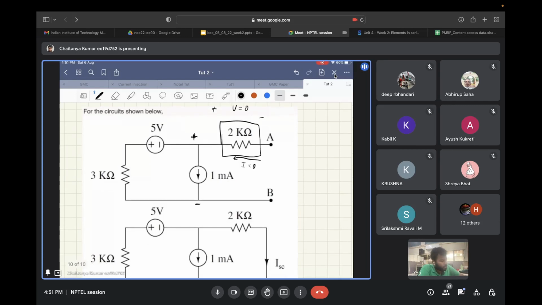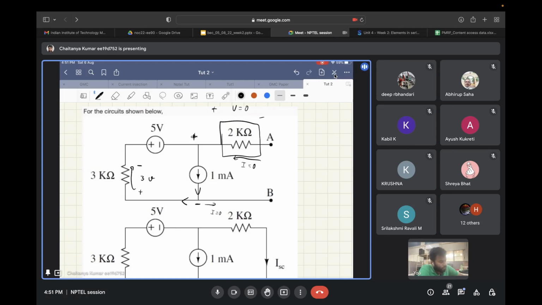Now this 1 milliamp current has no other path other than this one, because this side is open circuit. So this 1 milliamp will flow through this 3 kilo ohm resistor, and hence the voltage developed across it will be 3 volts. Please note, I am following the passive sign convention.